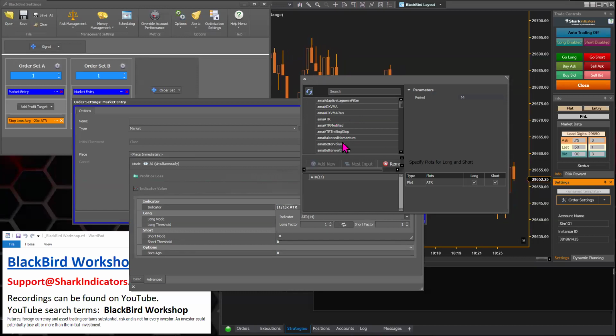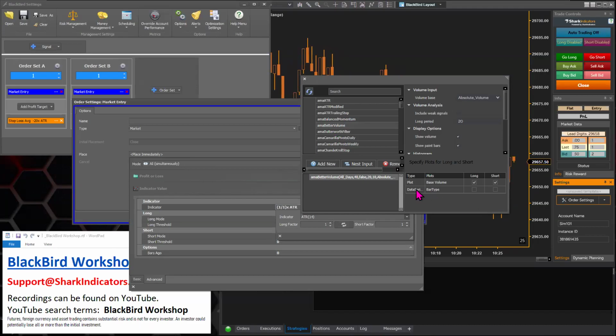Yeah, let me go with the Better Volume here. It has a base volume, but it also has this data series here called bar type. So I'll just use this in place of this unknown indicator here.